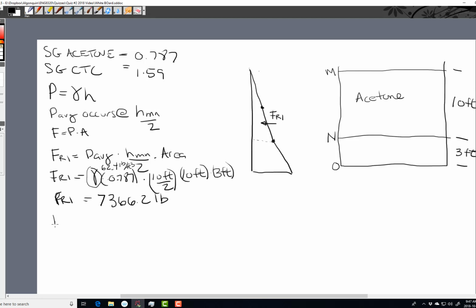Since it's a triangle, FR1 acts at, you should know this from your previous classes, 2/3 of HMN, at 2/3 the height of the triangle, in this case the pressure triangle.